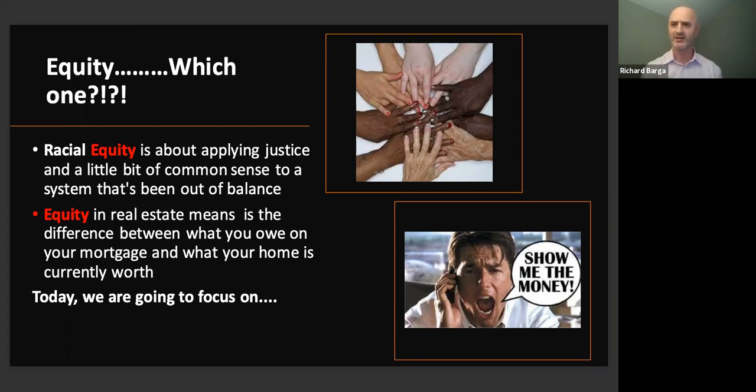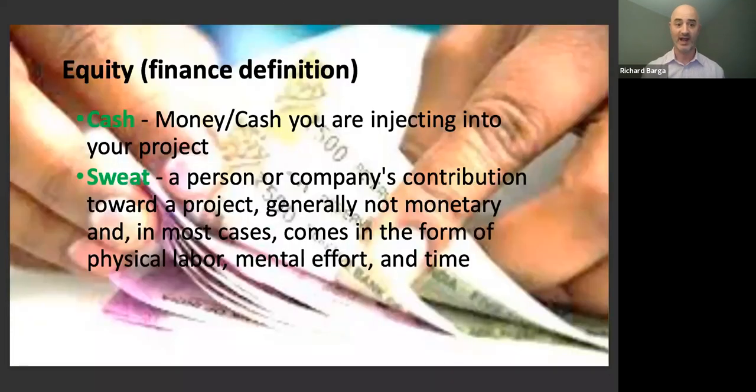But equity in real estate means a completely different thing. It focuses on the cash that you have or the value that you own in your home, in your building, in your fixed asset. Today, not to confuse anyone, we are going to be talking about money and cash.